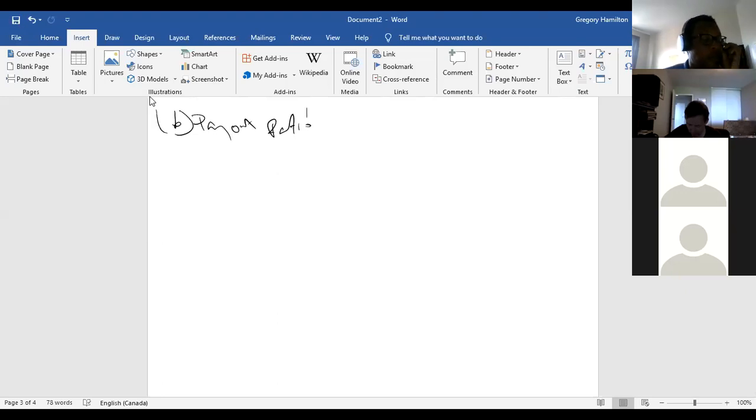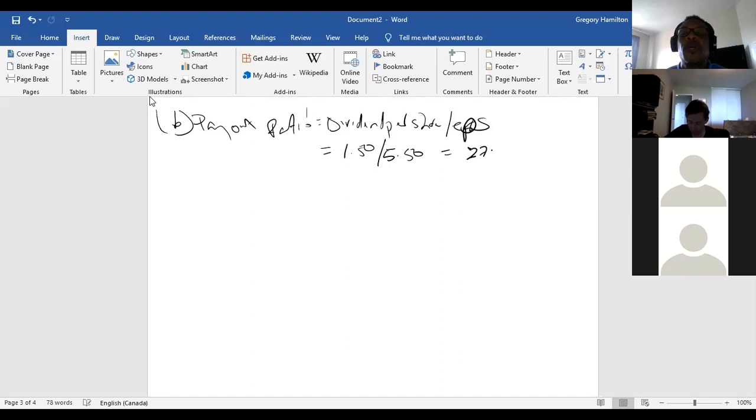The payout ratio would be the dividend per share over the earnings per share. So in our case, the payout ratio would be $1.50 over $5.50, which gives us 27.27%.